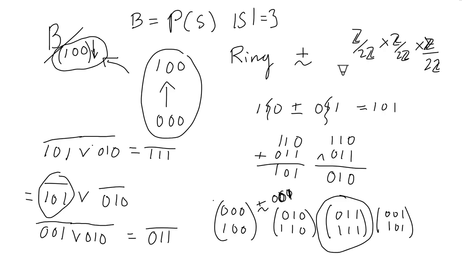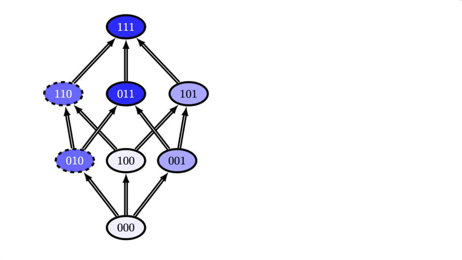We have this nice ring structure with this addition and with this multiplication, and we've determined different cosets or shifts of this ideal right here, and that these are the chunks that make up this particular Boolean algebra. And we can take a look and see what those chunks look like in a picture.